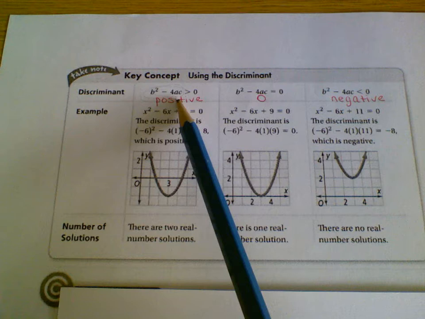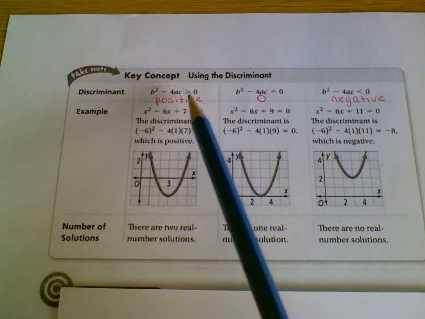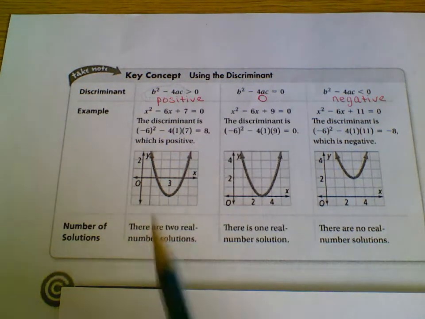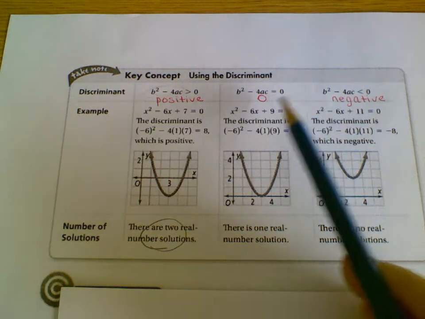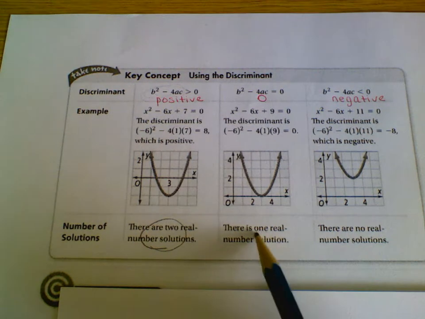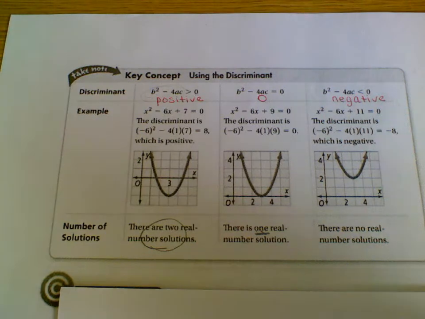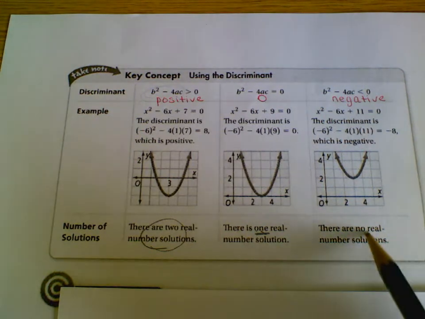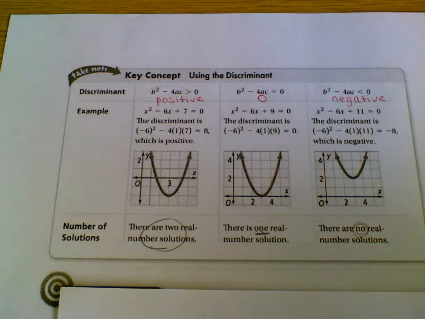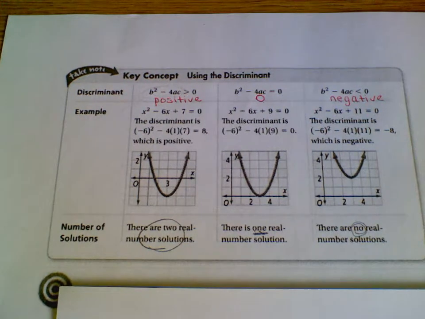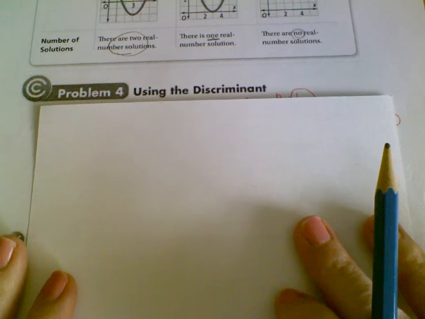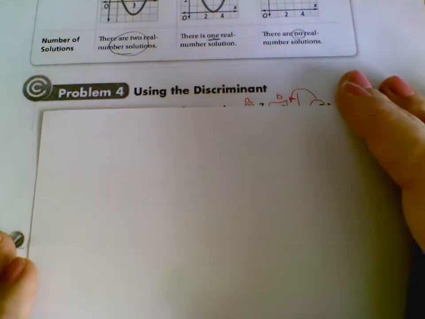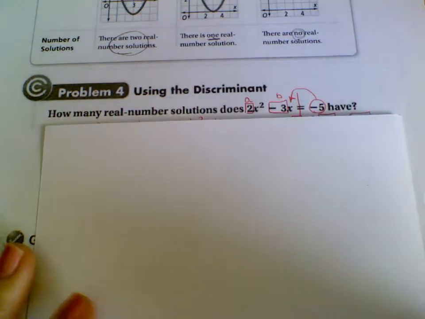If that number is positive, then you're going to have 2 solutions. If that number becomes 0, you will only have 1 solution. And if that number becomes negative, then you'll not have any solutions. So what it's doing is practicing finding that number and then checking to see how many solutions I would have.